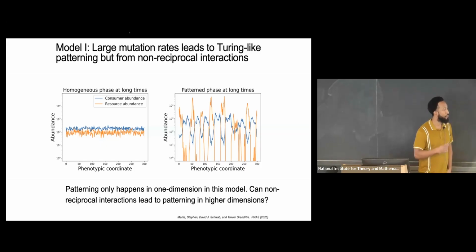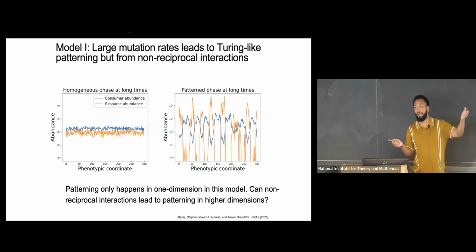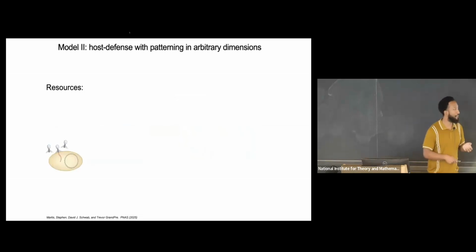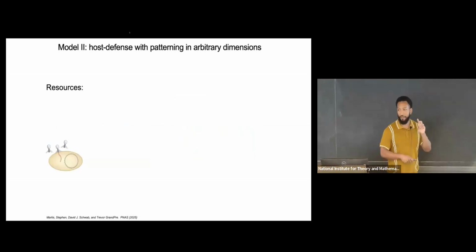One thing that we found is that if you add a term related to what we call host defense, basically saying that bacteria have an immune system, and there's some probability that if the phage infects them, they'll be able to fight it off. So now let's consider a more general model.